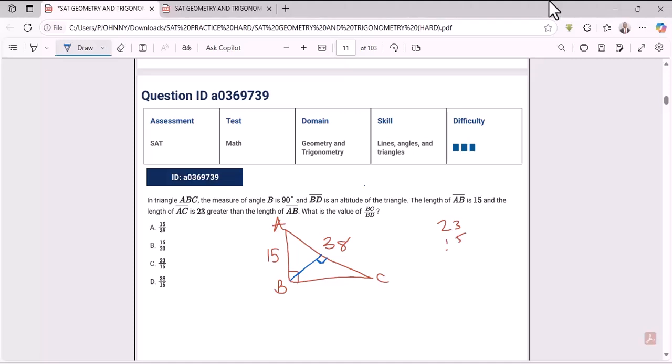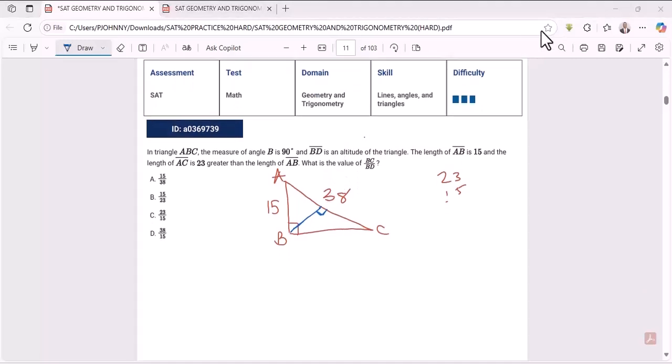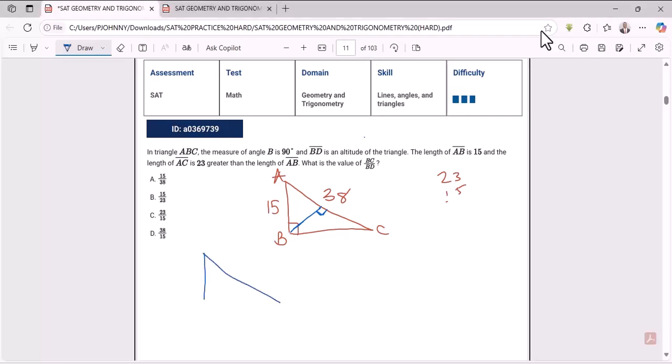So in the first case, you're going to have the normal one, which is A, B, C, and in the second case you're going to have 90 degrees, the other one, which is B, this is D here, BDC.